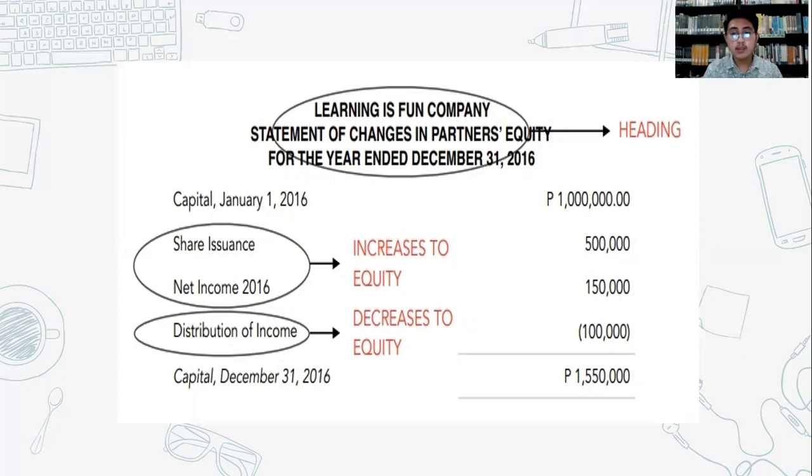They give 50,000 pesos, and for net income in year 2016, they receive 150,000 pesos. Okay, so after that, we decrease or we less the distribution of income, which is a total of 100,000 pesos. Then the total capital for the year 2016, December 31, is 1,550,000 pesos.